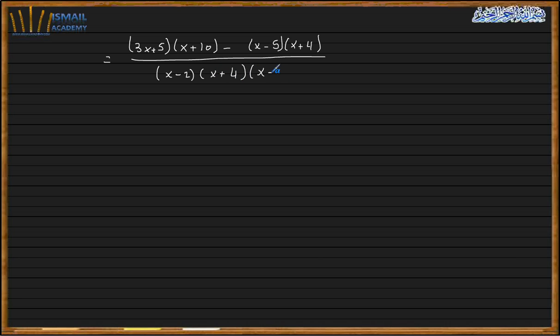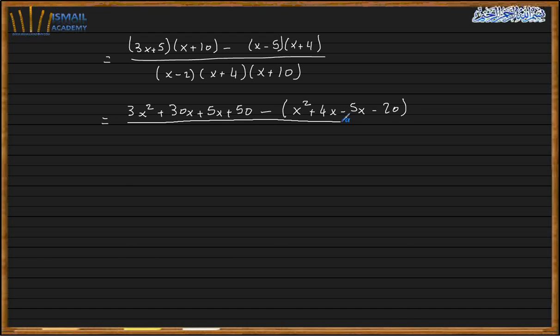Now I foil here, so I get 3x squared plus 30x plus 5x plus 50 minus, and here we have x squared plus 4x minus 5x minus 20, the whole thing over x minus 2, x plus 4, x plus 10.